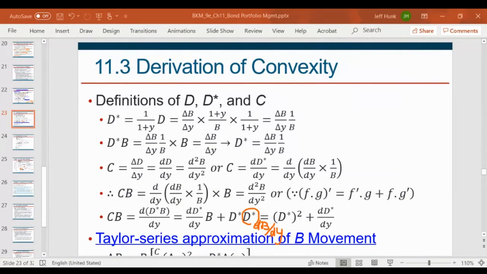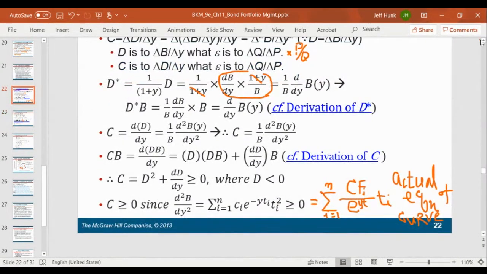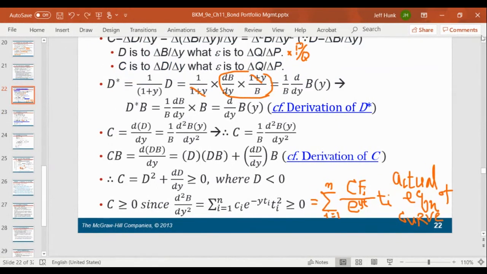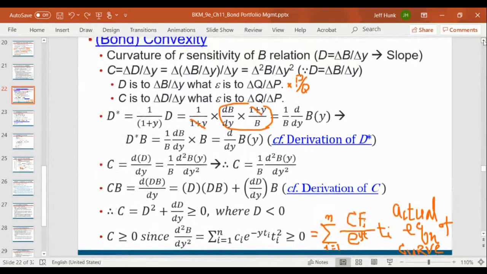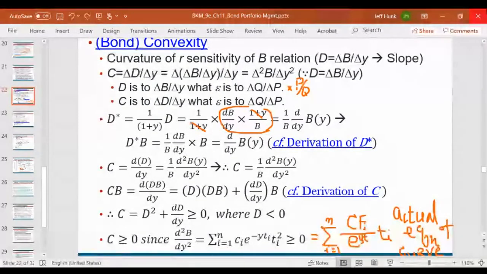And as a function of interest rate, it is differentiable with respect to interest rate, right?